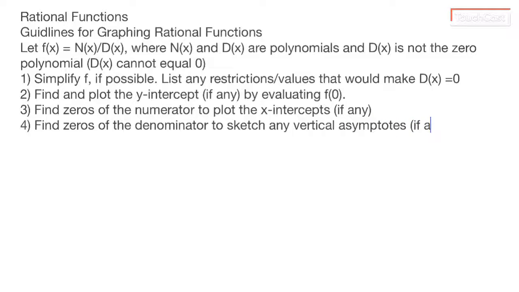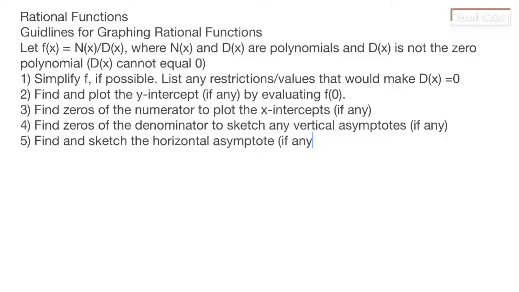Again, if we have any. We're almost there with these guidelines. Next, we are going to find and sketch the horizontal asymptote, if we have any.